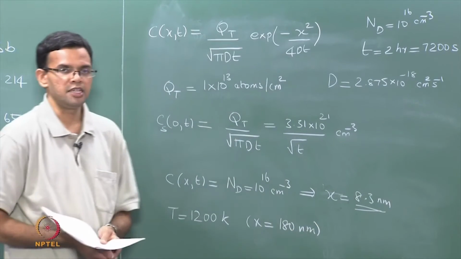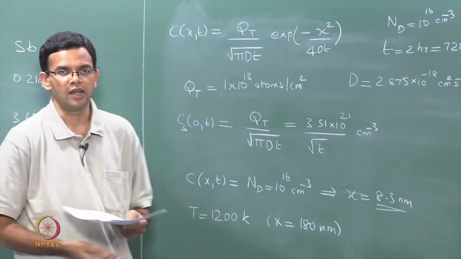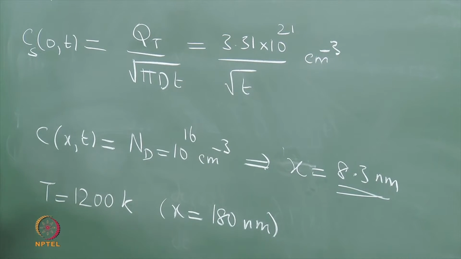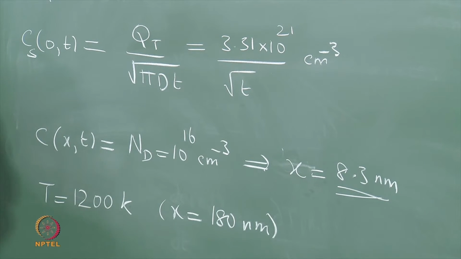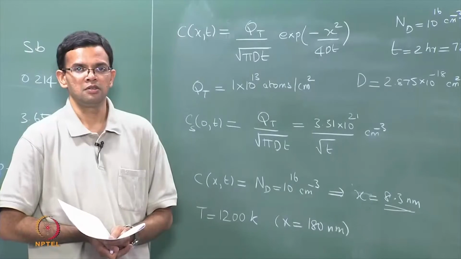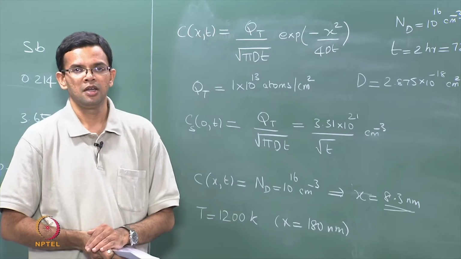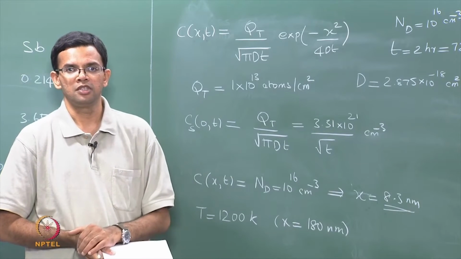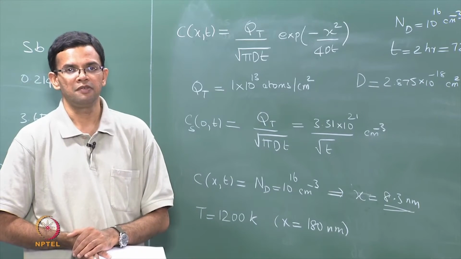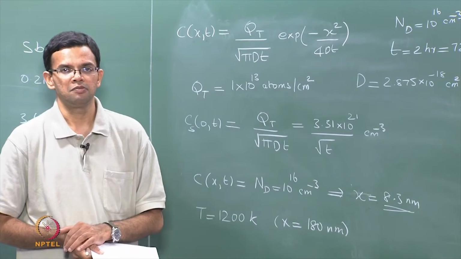So far we have looked at thermal diffusion, where you have a concentration gradient that is established by a diffusion of dopants within the material. We will next look briefly at the ion implantation process.